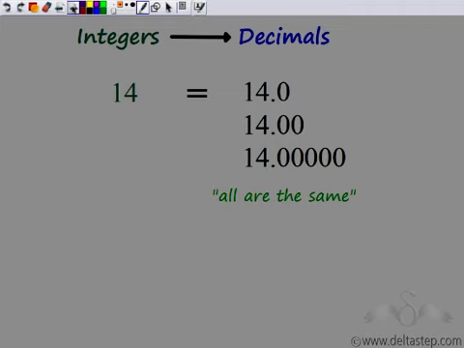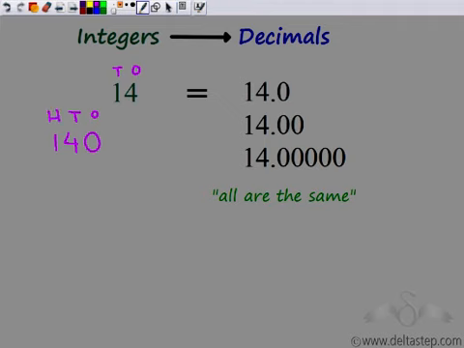Now, can you add zeros without the decimal? Would that change the value of the number? Let's look at this number, 14. Now, if I add a 0, 140, has the value changed or not? See here, 4 is at the ones place, 1 is at the tens place. What about here? Now here 0 is at the ones place, 4 is at the tens place and 1 comes to the hundreds place.